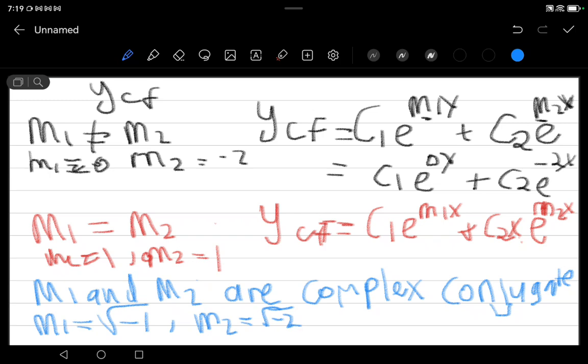So for complex conjugate, the complementary function YCF is going to be like this. Let me just write it on the next page.